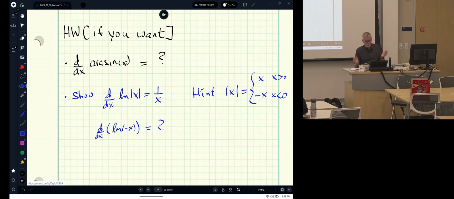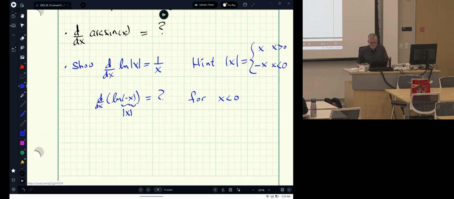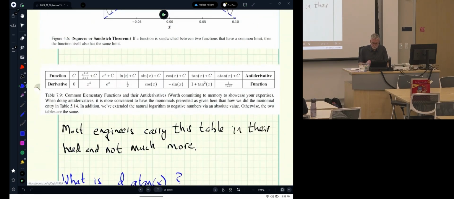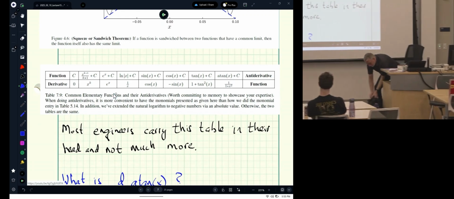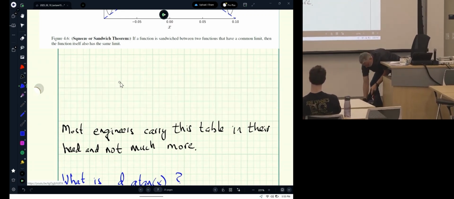Okay, and apply the chain rule to that. And remember, minus x in what we're doing is equal to absolute value of x when x is negative. So when you apply the chain rule, it's all going to work out. Okay? So this allows us to establish all of our antiderivative formulas that we have here.